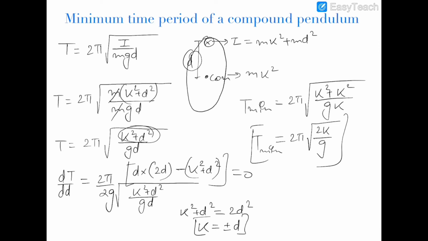For example, let us consider that there is a rod, and we need to find out the point in the rod where we should hinge the rod so that the rod has a minimum time period, and we also need to find out the minimum time period of this rod.